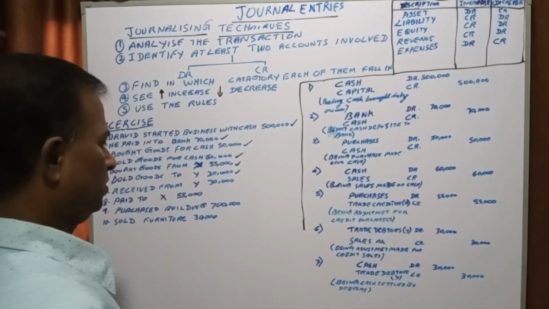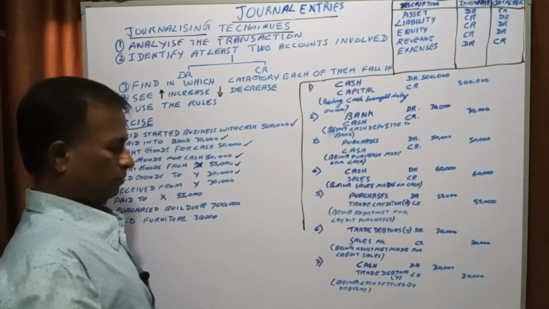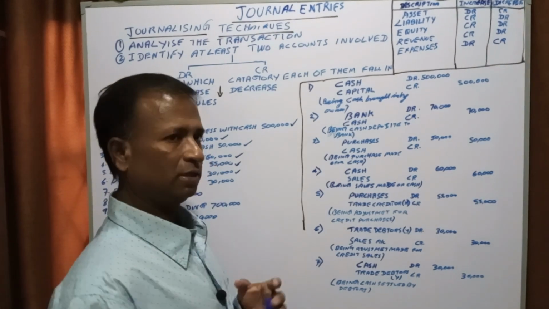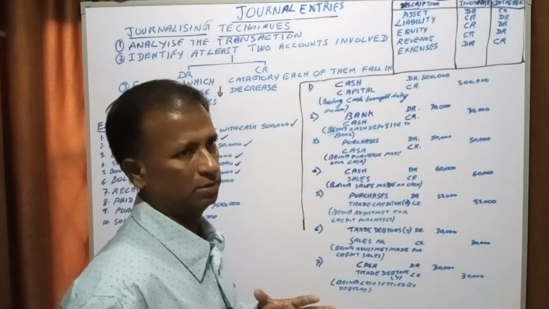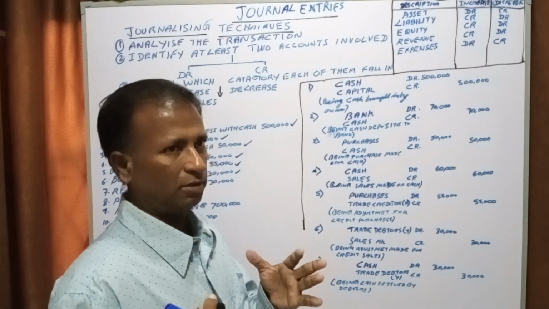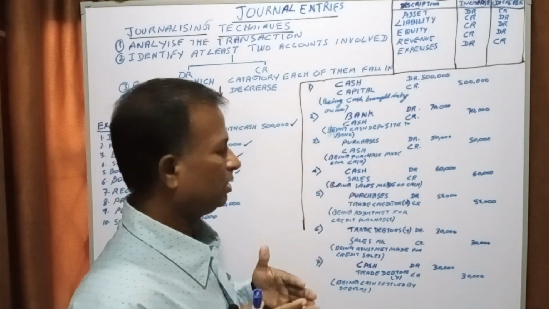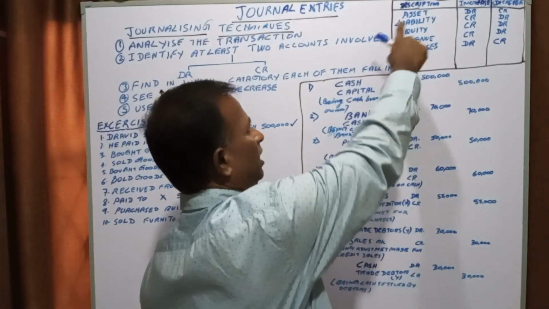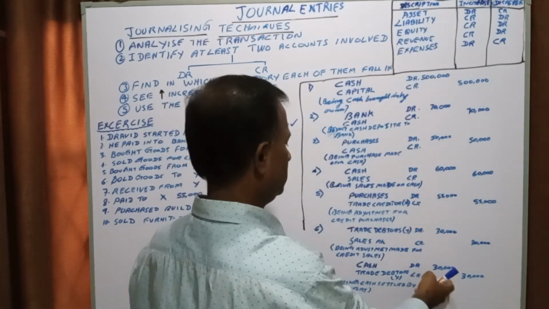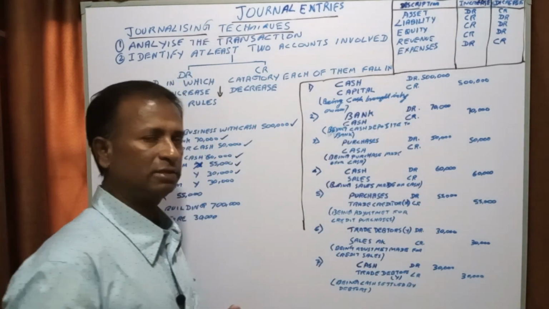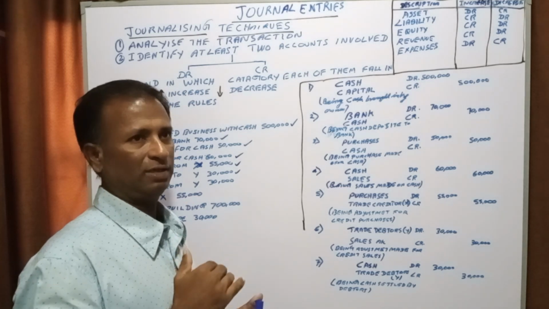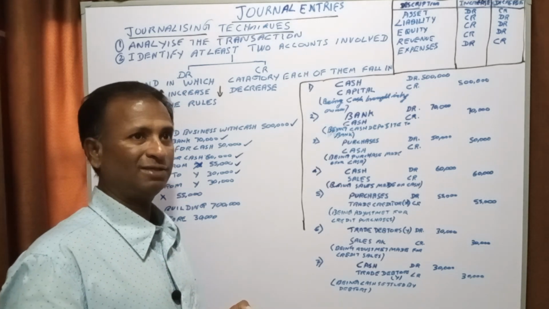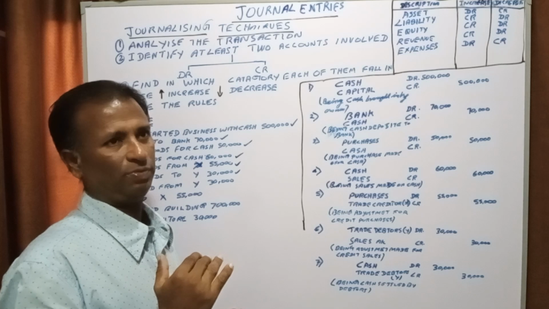Because debtors are settling the cash, then when they are paying the cash, cash is coming in. Cash is increasing means asset is increasing. Then cash account debited. Trade debtors are settling, then the trade debtors amount is decreasing.